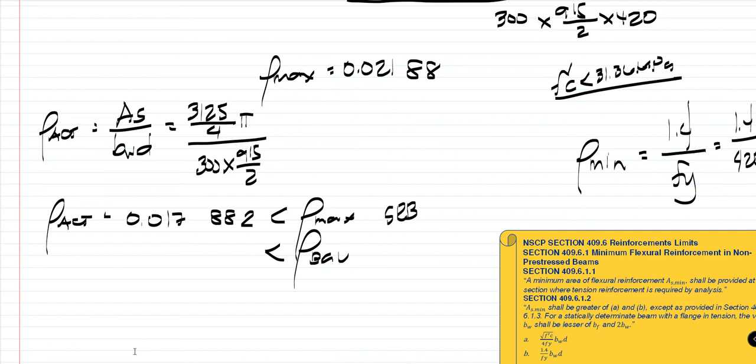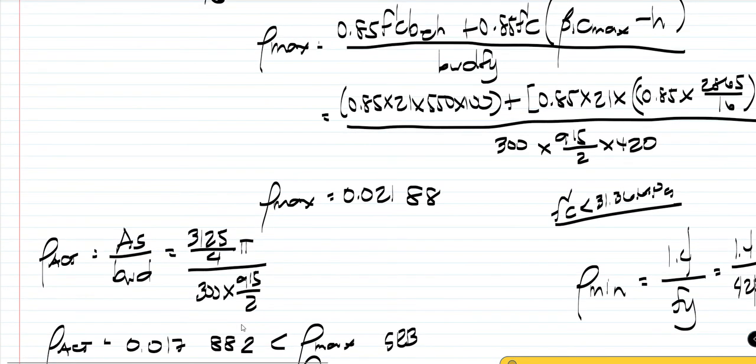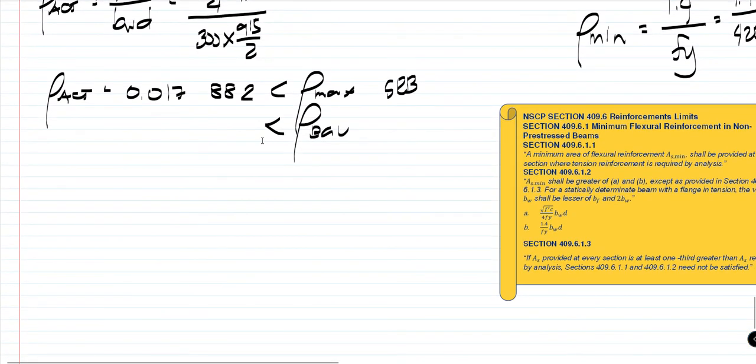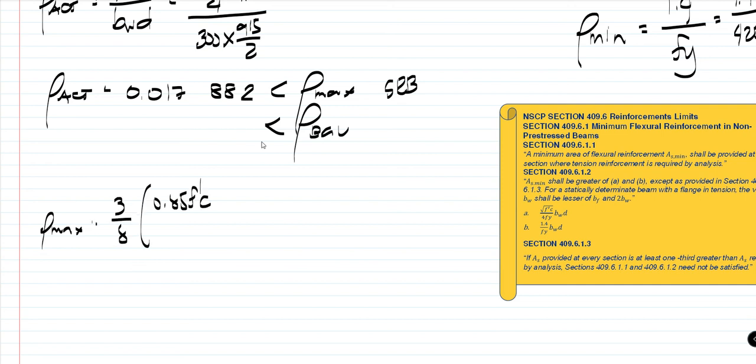And as you can see, malaki yung pinagkaiba ng Romax nito from the Romax ng rectangular singly. Kasi sa rectangular singly, ganito lang yan. So, pag rectangular singly, yung Romax doon is 3/8 ng 0.85 f prime c beta 1 over fy times dt over d.